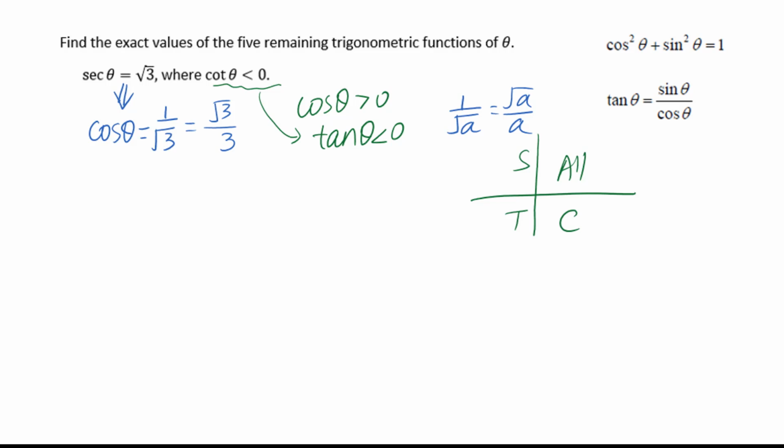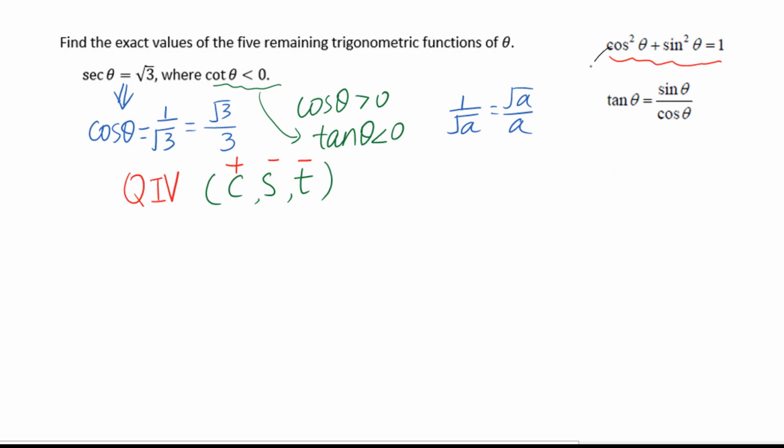Cosine is positive, that means all C. Tangent is negative, which means SC. So we figure out this is quadrant 4. For quadrant 4, we will write down CST, cosine, sine, and tangent. For the fourth quadrant, only cosine is positive. The other two must be negative.